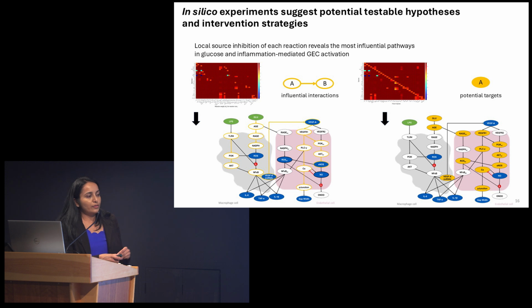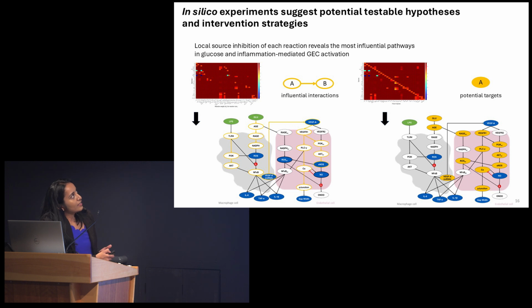By fitting our model to experimental data, we were also able to validate the interactions that we put together and the assumptions that we made to create this network in the first place. But what we really want to do is identify some potential pathways or treatment strategies that could intervene in the development of diabetic kidney disease or control the changes that are observed in glomerular endothelial cells.